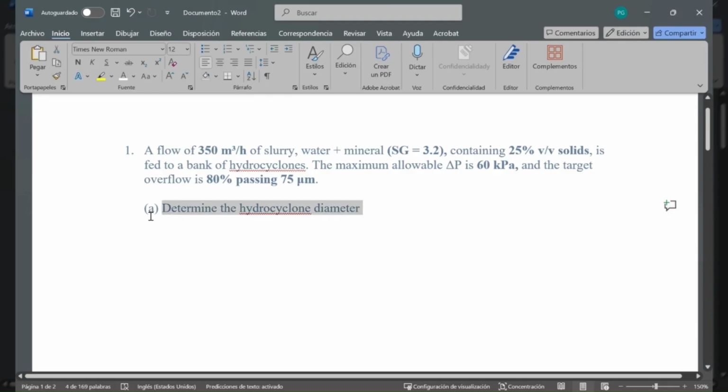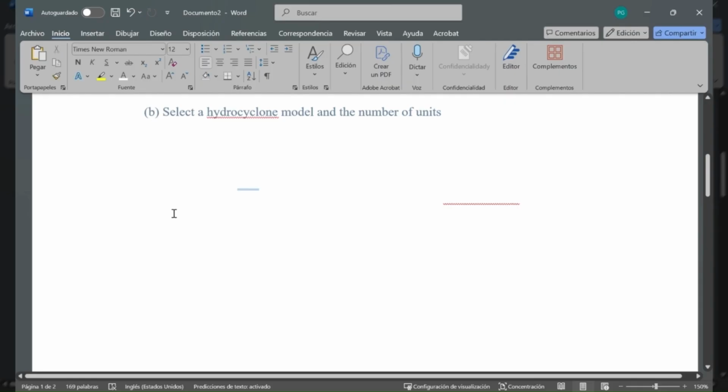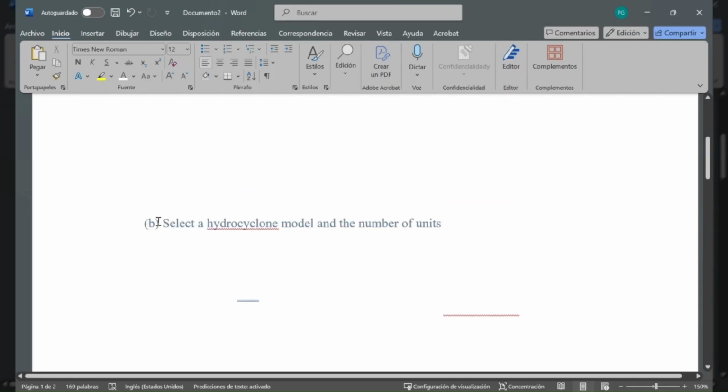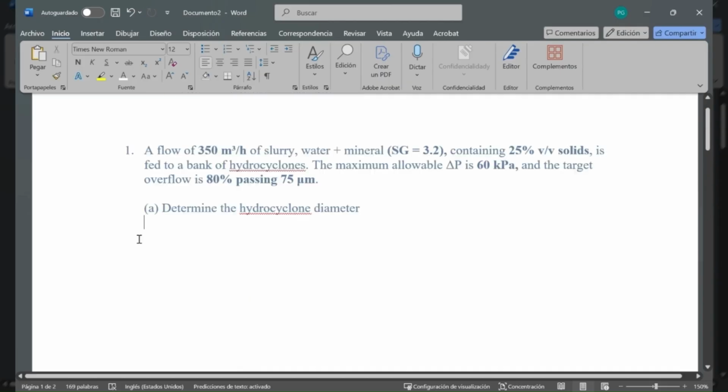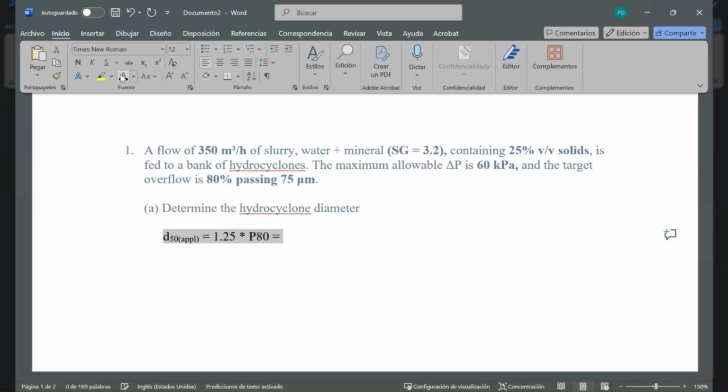I have two questions here. The first one is to determine the hydrocyclone diameter, and the second is to select a hydrocyclone model and the number of units. To start off, we're going to use a series of equations.